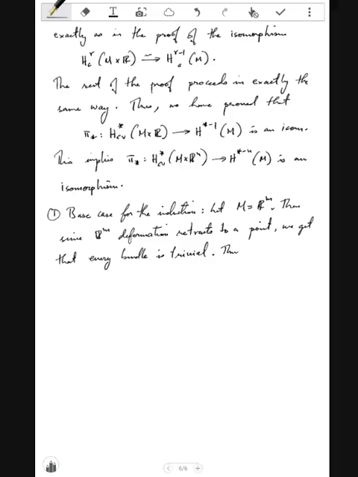Thus from what we just saw, we get pi lower star from H of R^m cross R^n to H star minus n of R^m is an isomorphism.